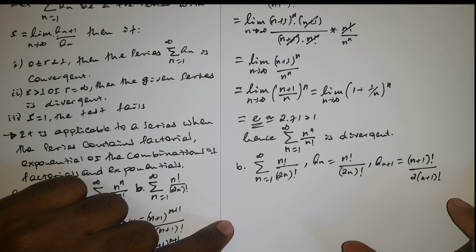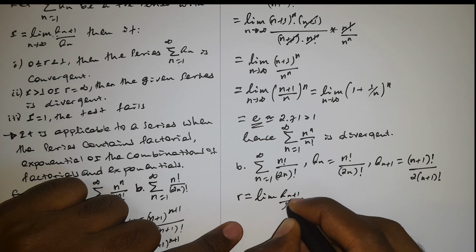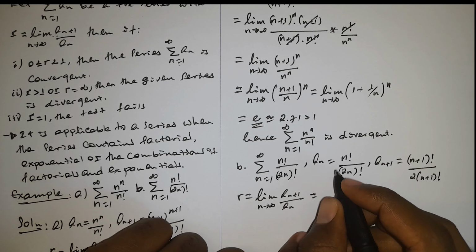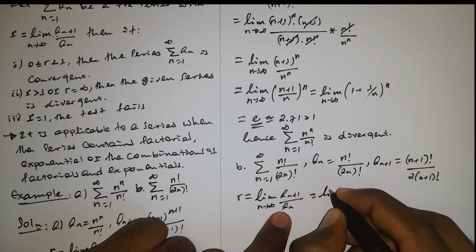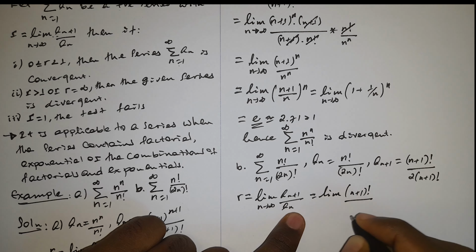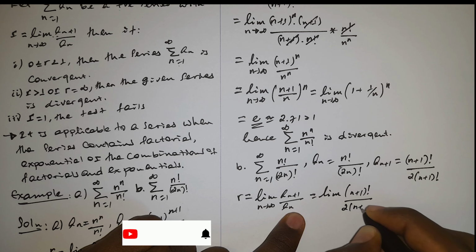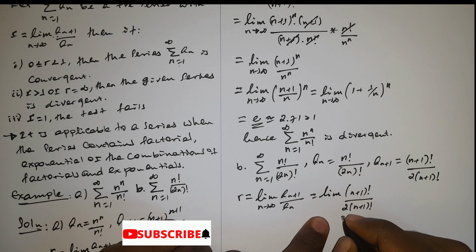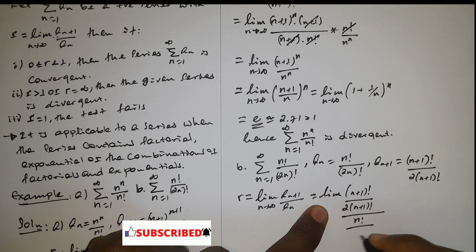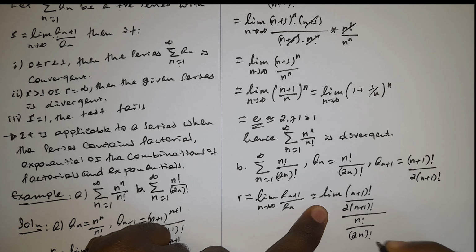This is equal with r equal to limit of an plus 1 over an as n runs to infinity, which is equal with limit of n plus 1 factorial over 2 into n plus 1 factorial, the whole over n factorial over 2n factorial.